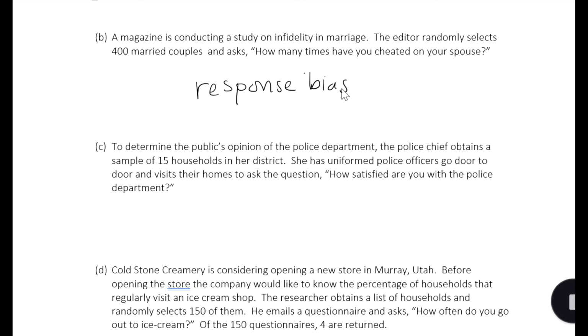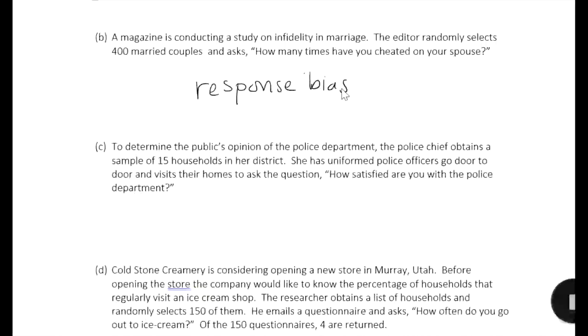The next question: to determine the public's opinion of the police department, the police chief obtains a sample of 15 households in her district. She has uniformed police officers go door to door and visit their homes to ask the question, how satisfied are you with the police department? So this is similar to the last problem. Do you think that you would always get honest responses to that question?